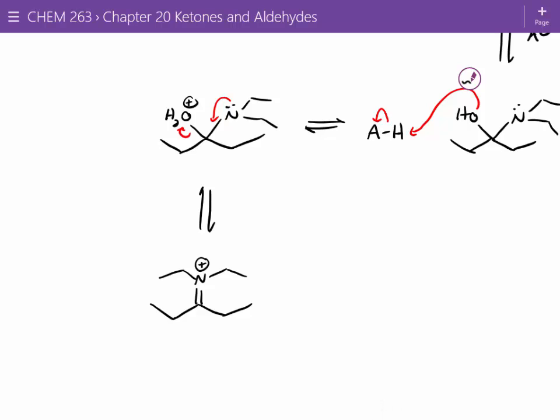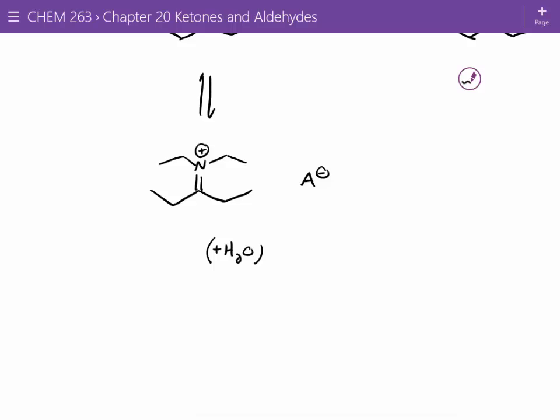And we generated water here. I'll put this in brackets. And then we've got our conjugate base. Now what? Are we done? No, we've got a charged molecule. What's the very last step?